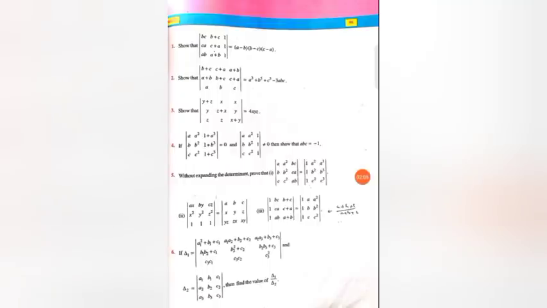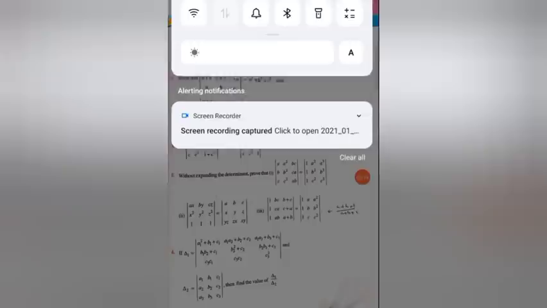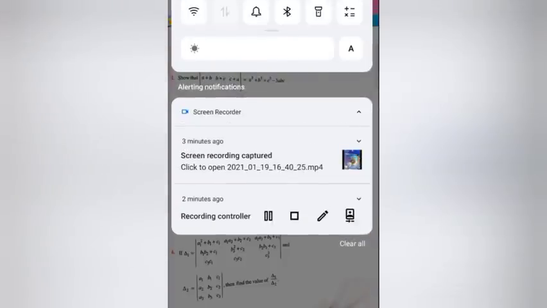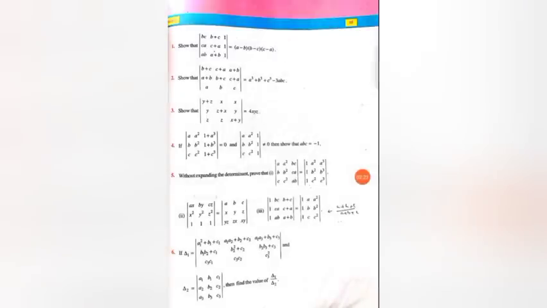Next, on the next page, see the first problem: a, bc, b plus c; 1, ca, c plus a; 1, ab, a plus b, 1. We already did this problem. Now let's start our session with Roman 2.